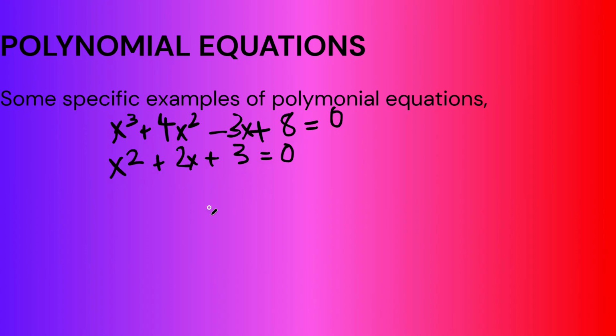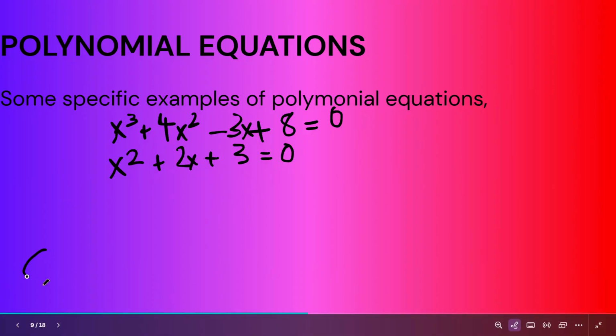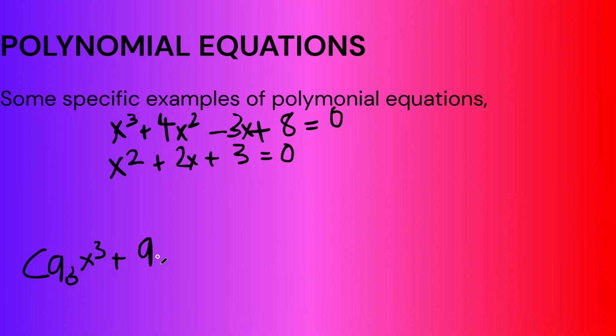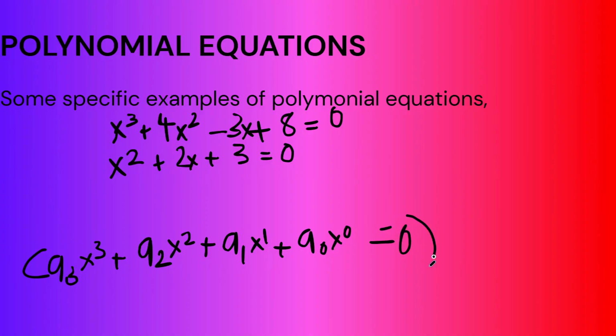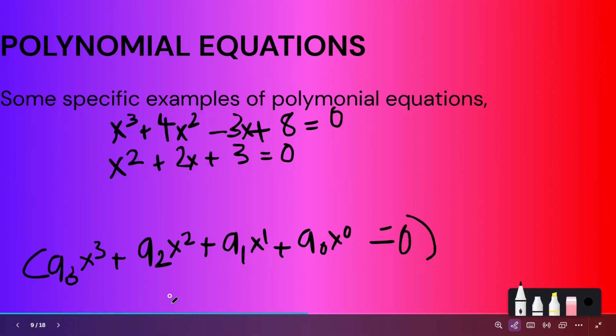That means you need to use the formula of the polynomial equation, like this one: a_3 x^3 + a_2 x^2 + a_1 x^1 + a_0 x^0 = 0. So that's the formula of the polynomial equation.